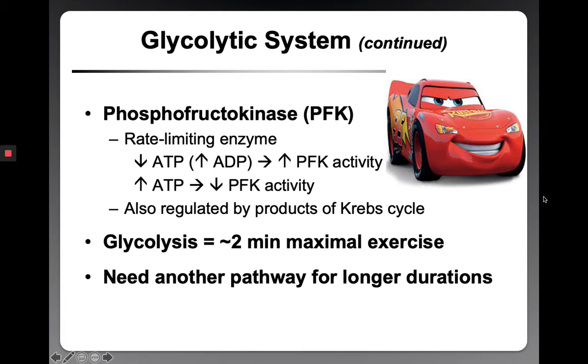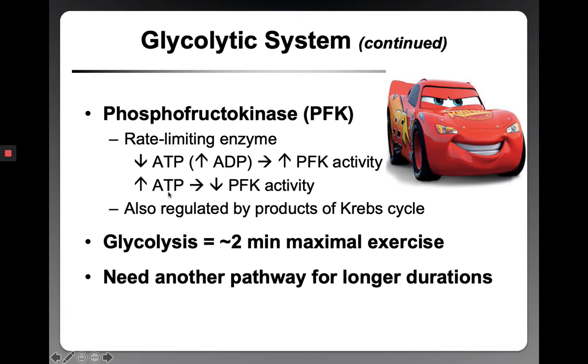Now, the glycolytic system, you guys, the enzyme that we use in this system is called phosphofructokinase, or PFK. So PFK is that rate limiting enzyme, right, that will help us speed up the production or slow that down. So when we have a decreased amount of ATP and an increased amount of ADP, because the ATP has been broken and utilized, we have an increase in PFK activity.